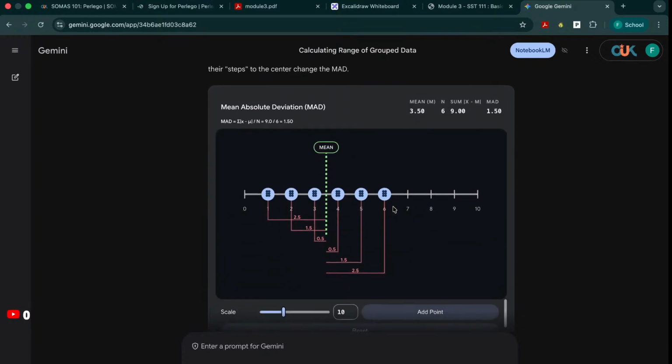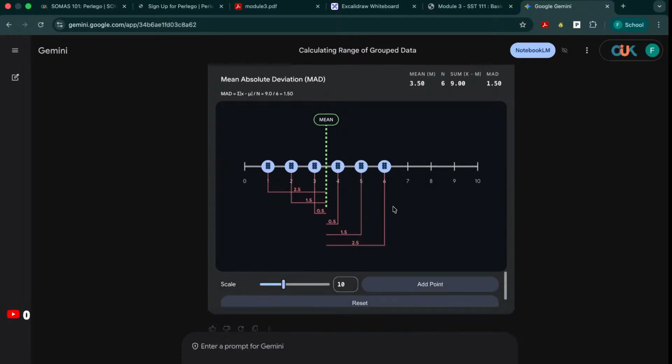So we have a visualization of how to do it. So this is our mean, and this is where each and every one is standing. So I used an analogy.